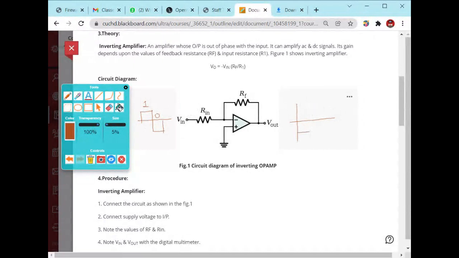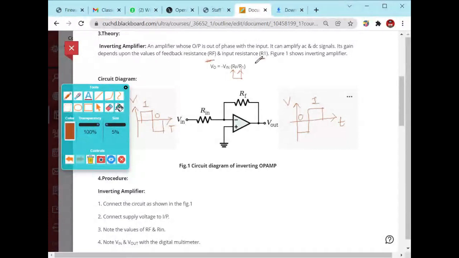At the location where the input is 1 it will show output 0, and at the 0 location it will show output 1. So the output voltage depends upon these two resistors, RF and R1. Here the gain depends upon the value of the RF and R1 resistors.